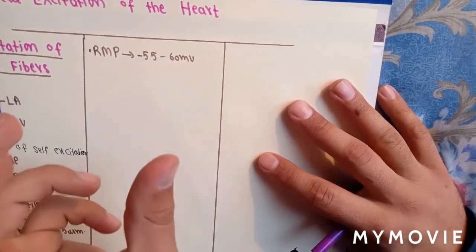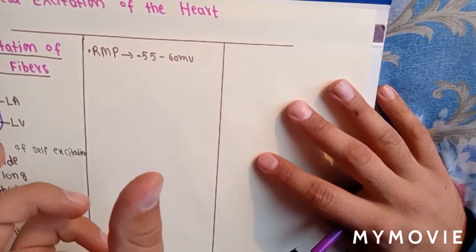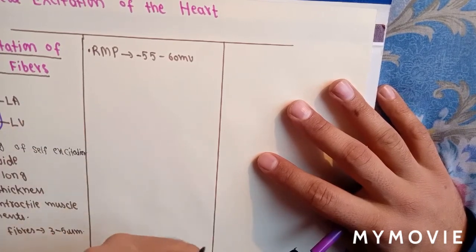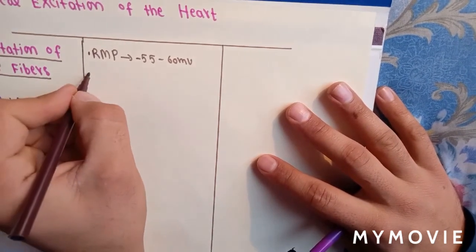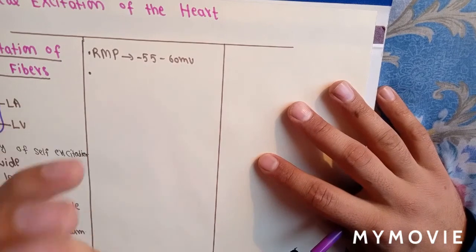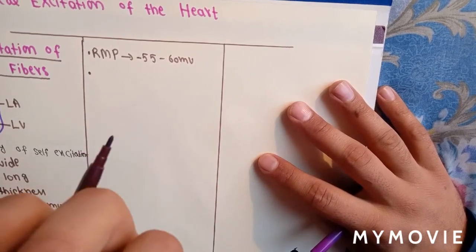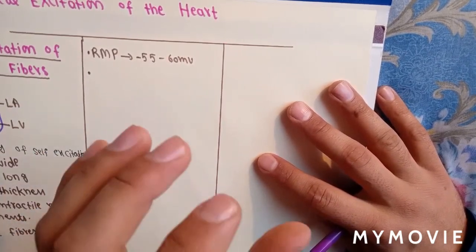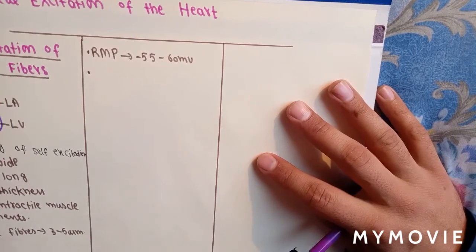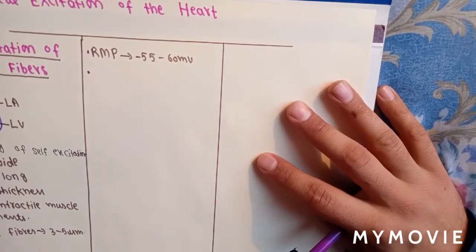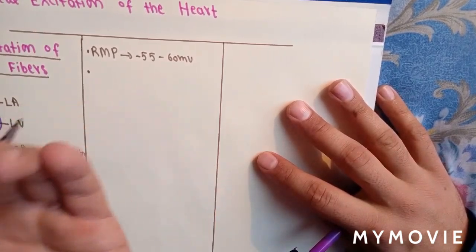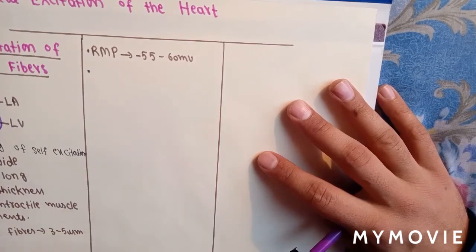What is the reason? Their membranes are leaky to sodium and calcium, so sodium and calcium leak inside the cell. As a result, it becomes more positive.